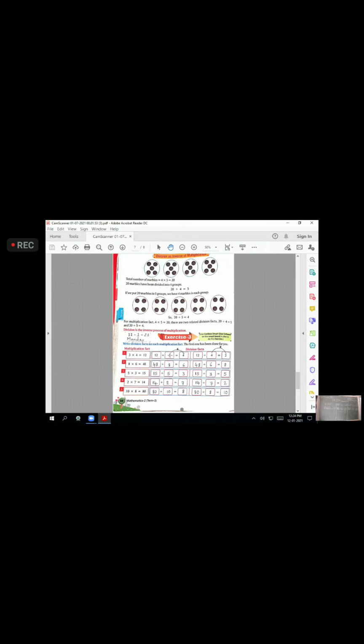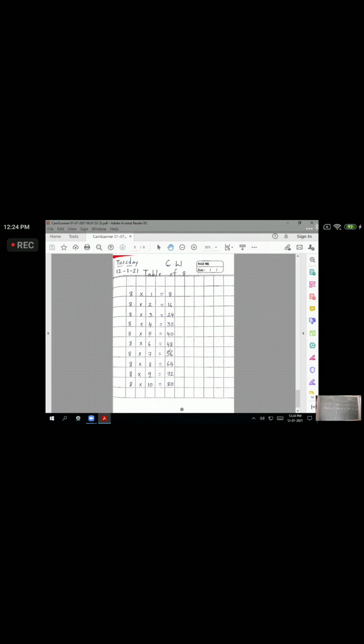Now I want to give the 8 table. So I am sharing the 8 table. Take the screenshot now, and when you are free, copy the 8 table in a notebook and learn. During these holidays, you have to learn the 6, 7, 8 tables.